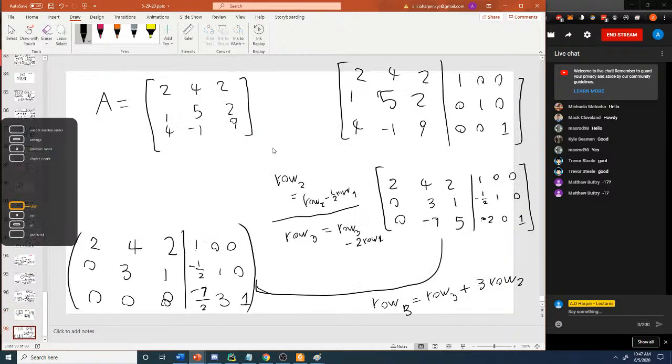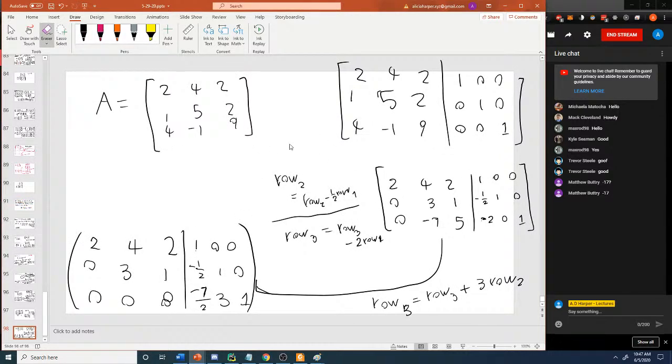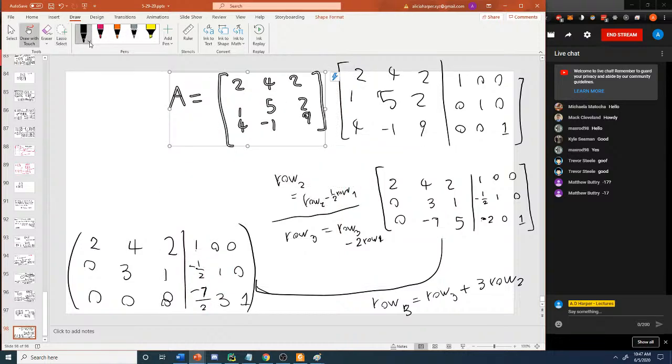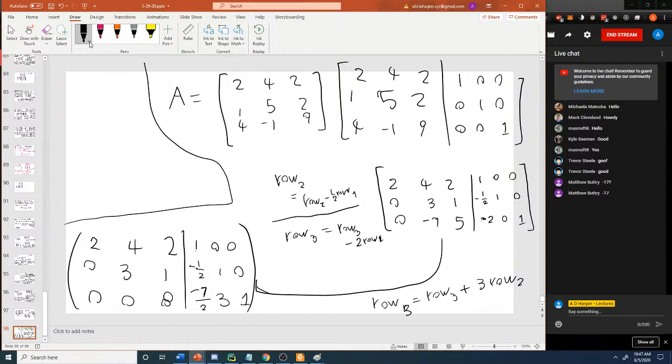So let me explain what it is. As we're doing these row operations, let's think about how we're doing them.